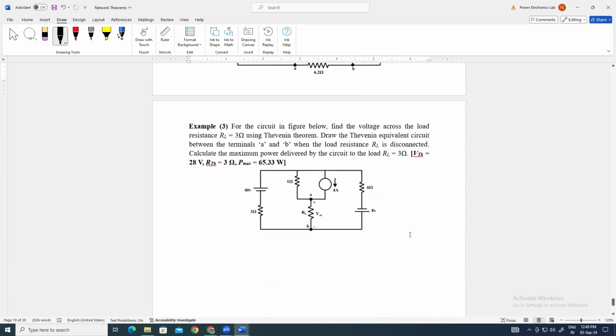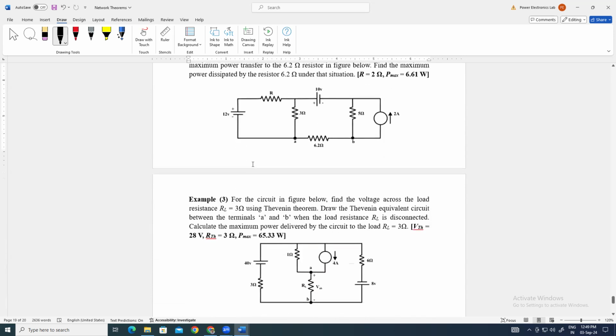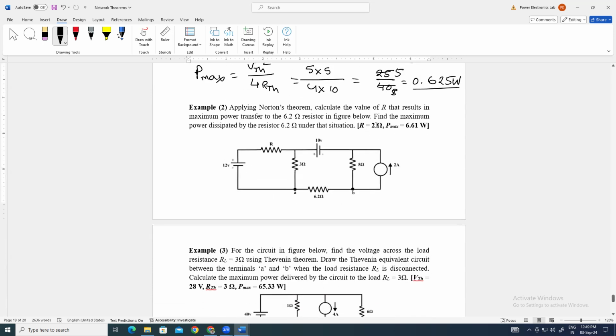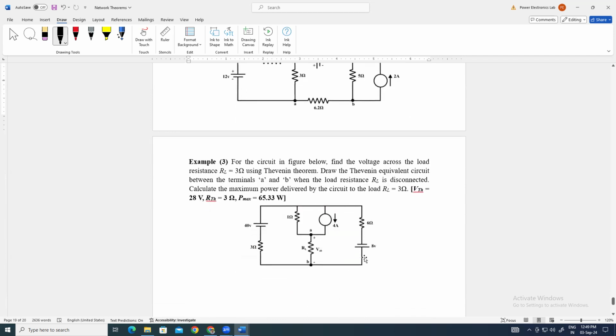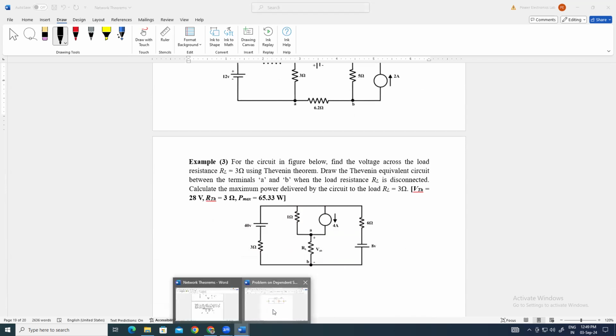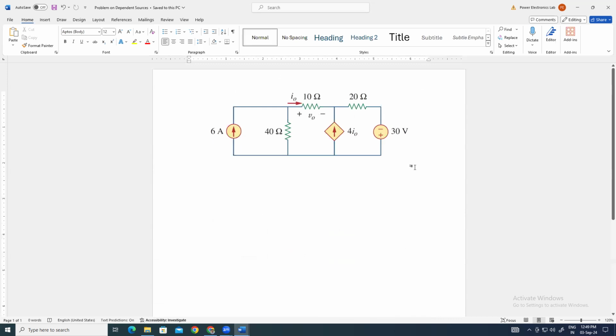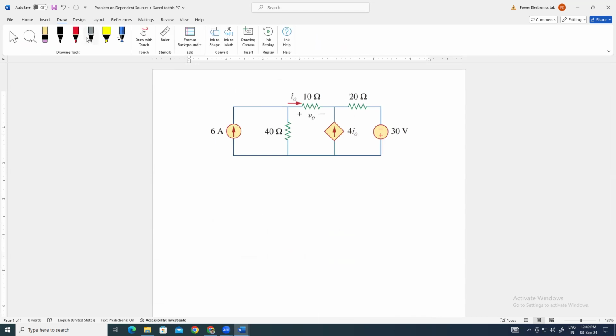Okay, so there are 2 more problems given here as examples. The answer is also given here. So you have to practice these problems and verify your answer. Okay, as a homework, I am giving you this problem, that is application of network theorems with dependent sources.